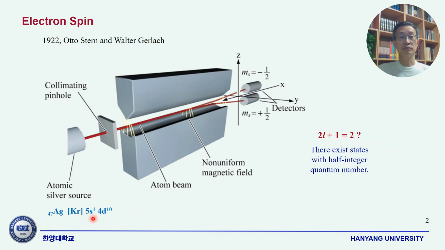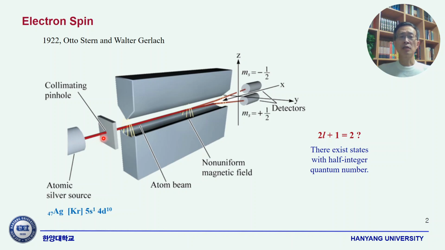And so we have a single unpaired electron. It's just like the hydrogen atom, which has just one unpaired electron in the 1s orbital. So this is the same as the hydrogen atom. Just think about that. So this is a one-electron system.